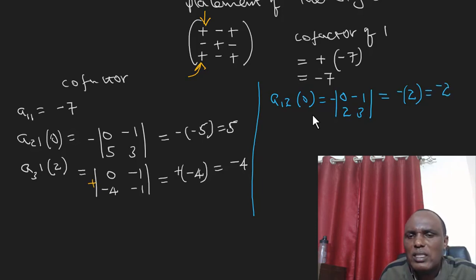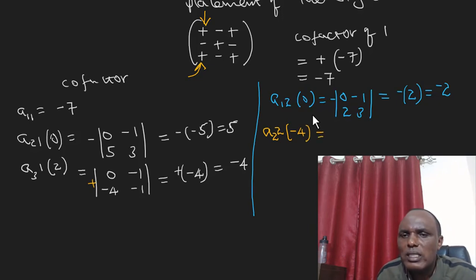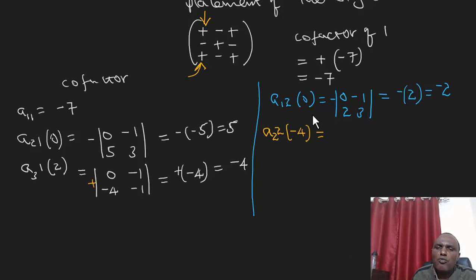The next element is the element in the second row and the second column. That element is -4. I want us now to get the cofactor of that element, and when we remove the elements in the same row and the column with -4, we get 1, -1, and 2 and 3, 2 and 3.